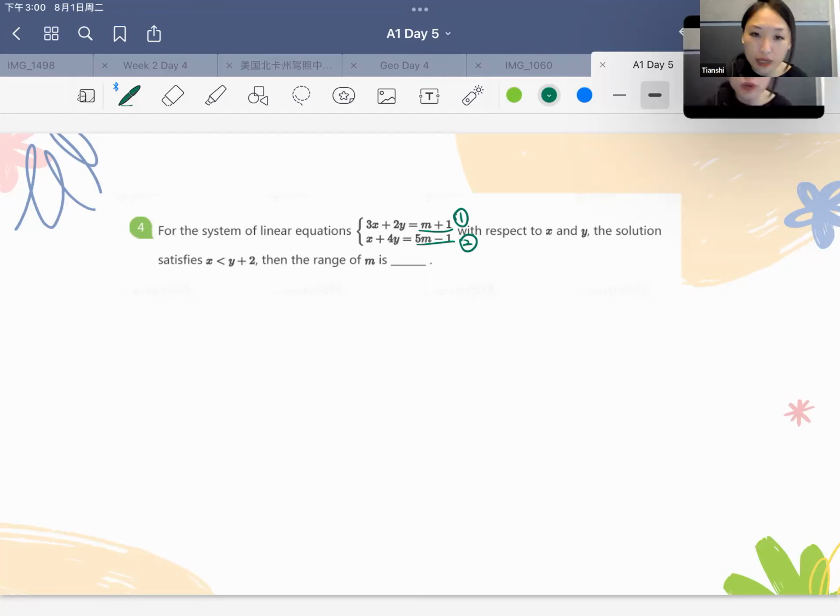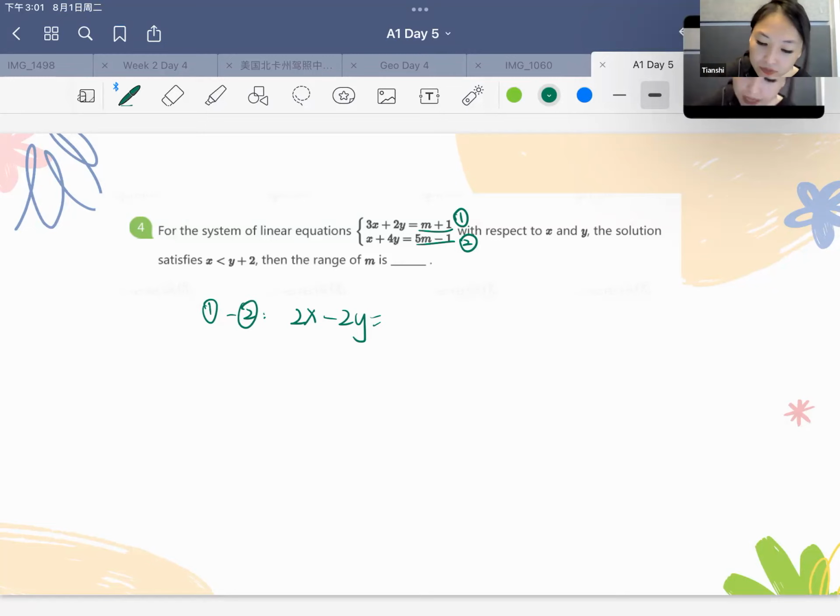So we can use the first equation minus the second equation. So what would we get? 3x minus x is 2x, and then 2y minus 4y is minus 2y. And on the right side, we have m plus 1 minus (5m minus 1).